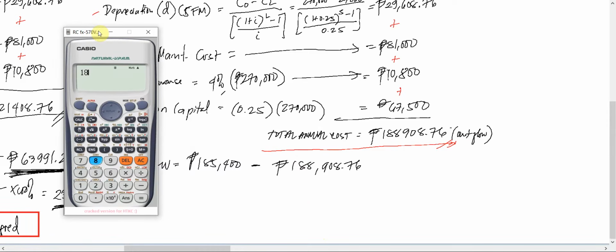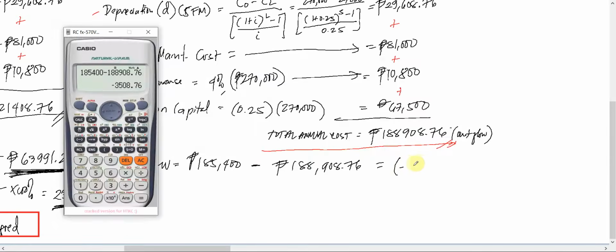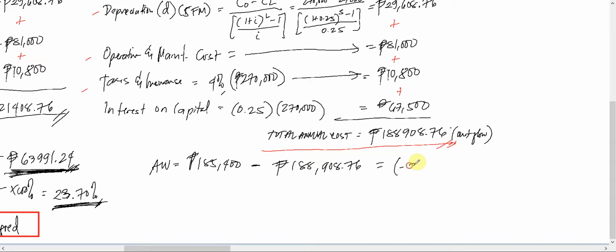Diba? 185,400 minus 188,908.76. So, that is negative 3,508.76. Ayan.